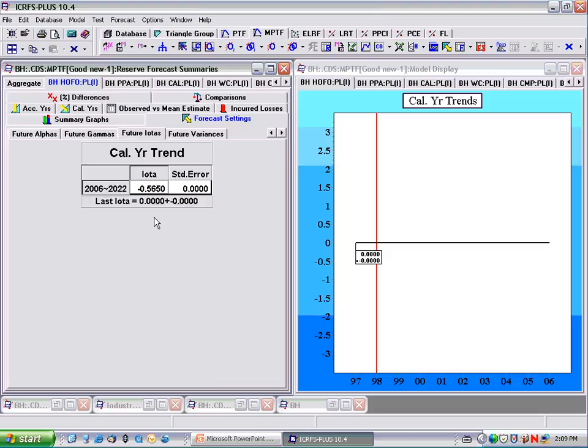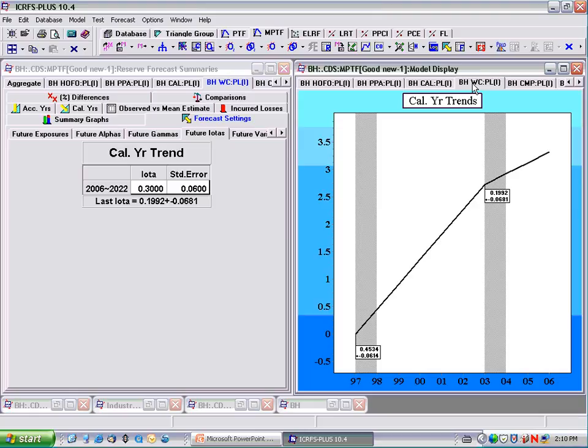That's an indication that the company for that line of business is under-reserved, because it's never had a trend of minus 56%. That's the only way we would get the mean, which is in Schedule P. If we look at another line of business, say workers' comp, you've got a 19.96% trend, but going forward we had to assume 30.